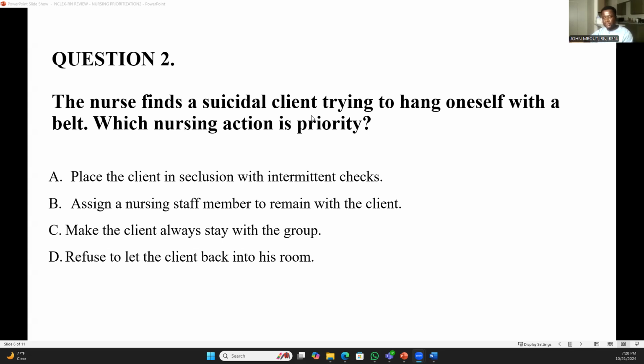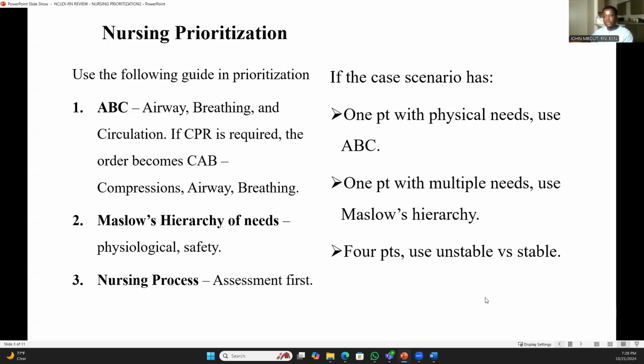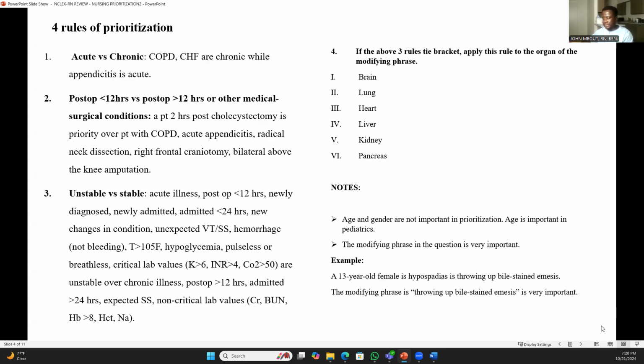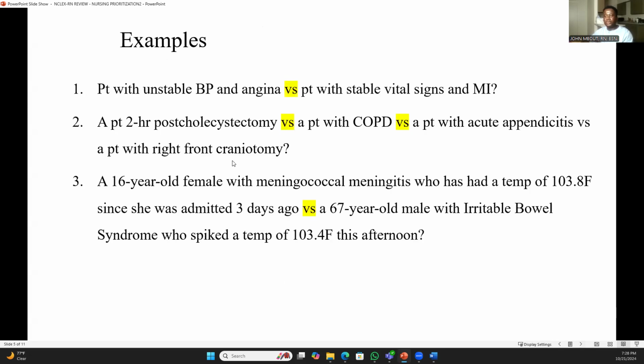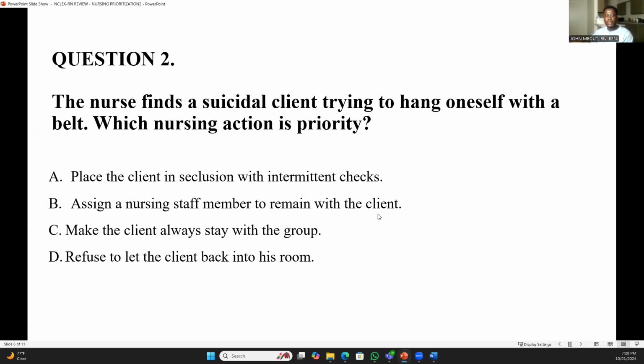So, having said what we said in part one, we went through prioritization and we saw some guidelines. We saw four rules of prioritization and some examples. Let's answer our second question here. The nurse finds a suicidal client trying to hang oneself with a belt.